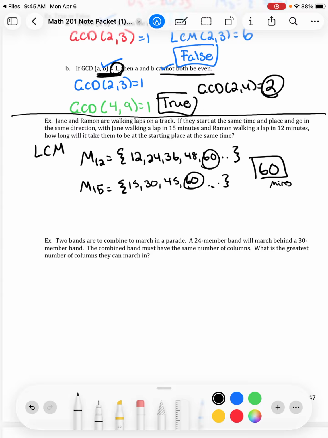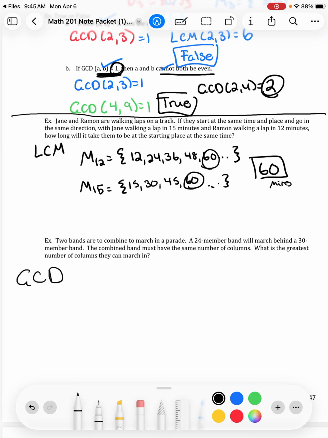So we're making it smaller. Sometimes this problem comes as rows of trees, but if you have this big group and you're putting them into rows or columns, you're making it smaller. So that's going to be the GCD. We are dividing it. So why don't you pause the video, use whatever method you want to see if you can find the GCD of these two bands.